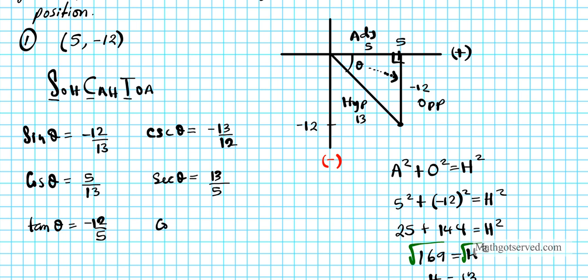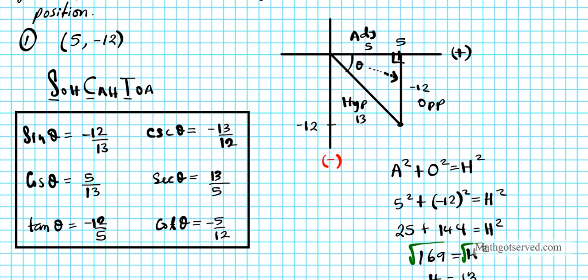The reciprocal of tan, cotangent theta, is negative 5 over 12, just by reciprocating tan. All right, so there go all six trig ratios for the point (5, -12) and theta in standard position.